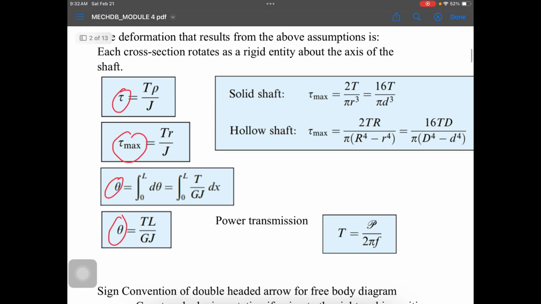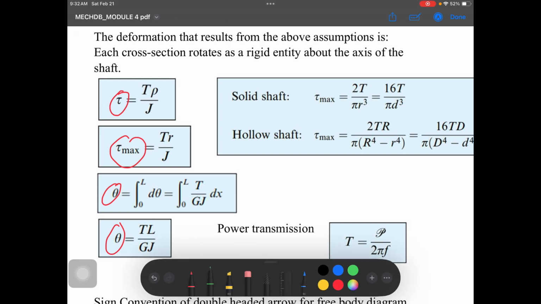Ito yung formula natin to get that torsional stress. So, ito yung general formula to get torsional stress at any point within the cross-section ng torsional member mo. So, tau is the torsional stress. And then, this is T, your torque dun sa segment mo.